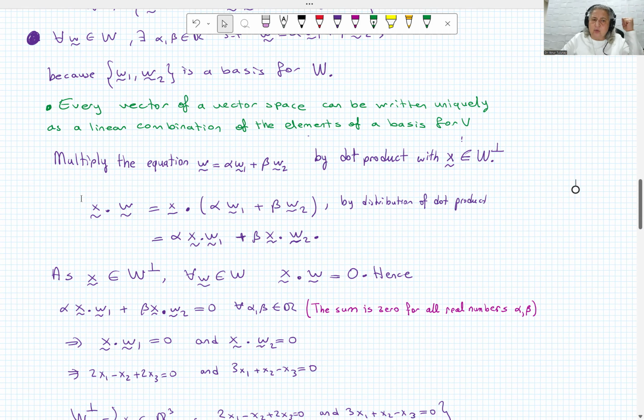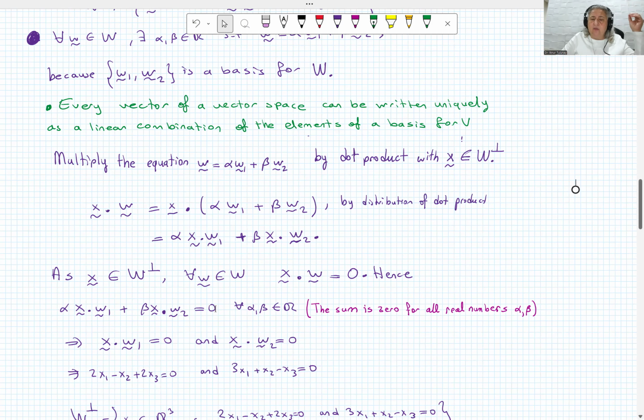Now, since x is in the orthogonal complement and w is in W, this dot product has to be 0, by the definition of the orthogonal complement. So this is equal to 0. Now this part is 0, and this part has to be 0.